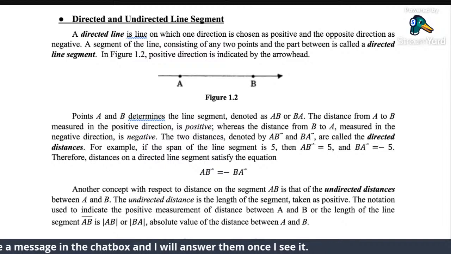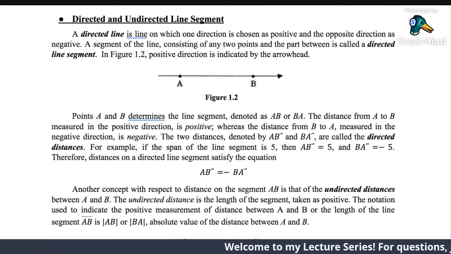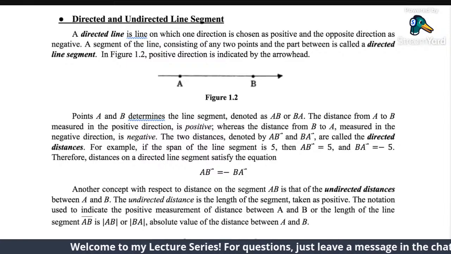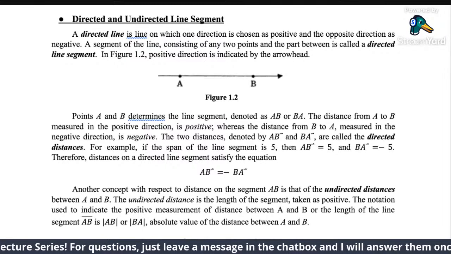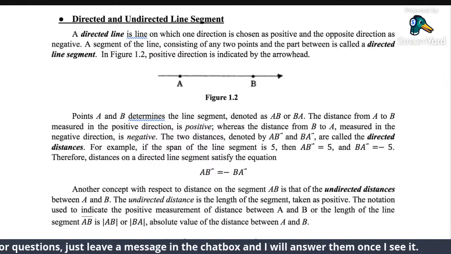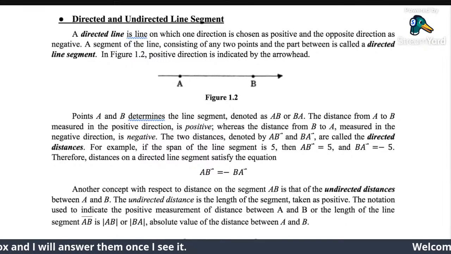In figure 1.2, we have a positive direction, indicated by the arrowhead, so we have a line going to the positive direction. Now, if the arrow goes to the left, then that would be going to the negative direction.